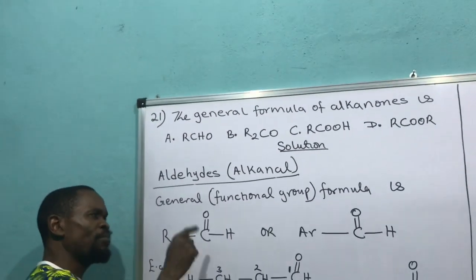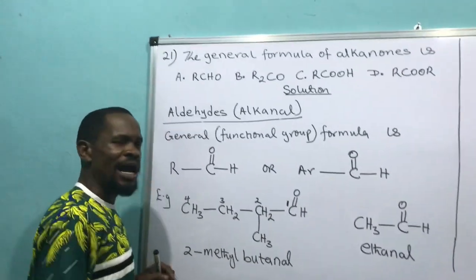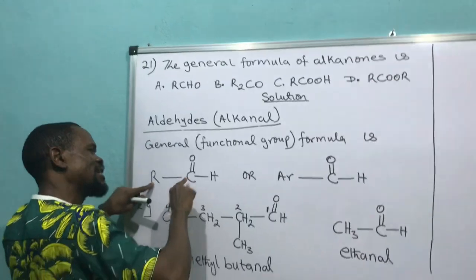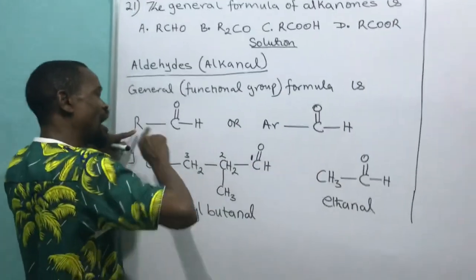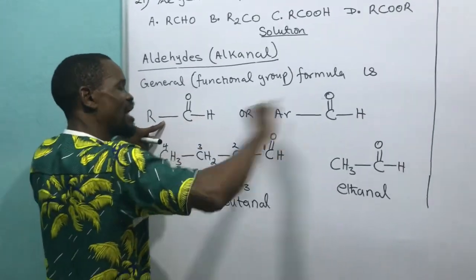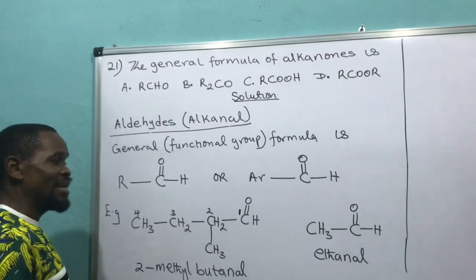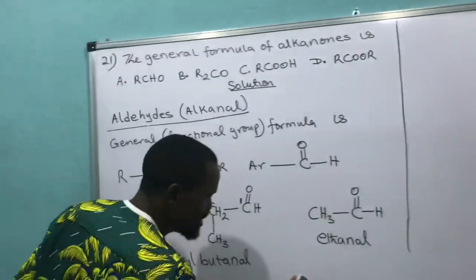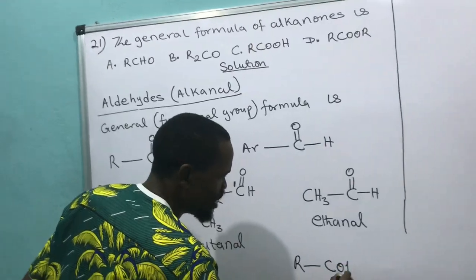You see the difference between this and alkanone. Alkanone has the aliphatic here and aliphatic here, and this at the middle, so that you will not be confused. This functional group can be written this way, so that you always remember it.